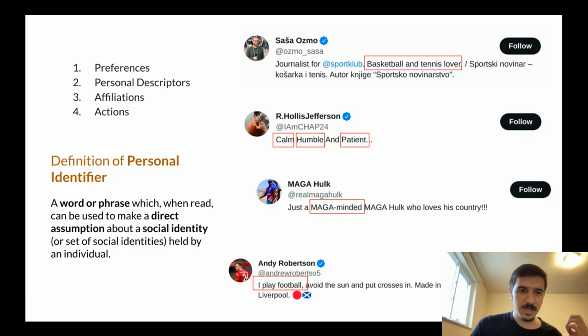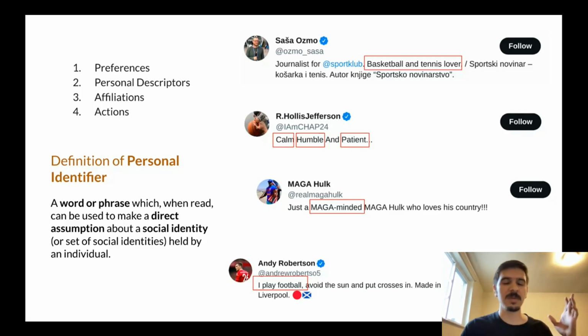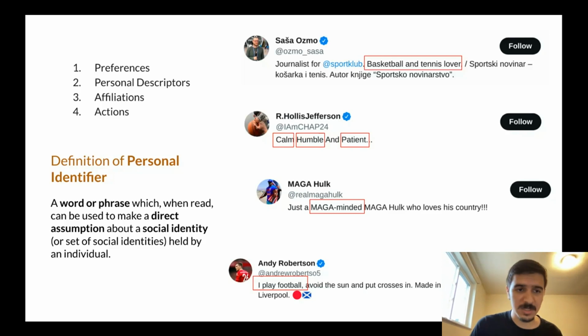Second, they might use personal descriptors. They might say they're calm, humble, patient, and so on. Also, as we saw earlier, they might use affiliations. They might use phrases such as MAGA-minded to refer to their political affiliation instead of saying they are a Republican.